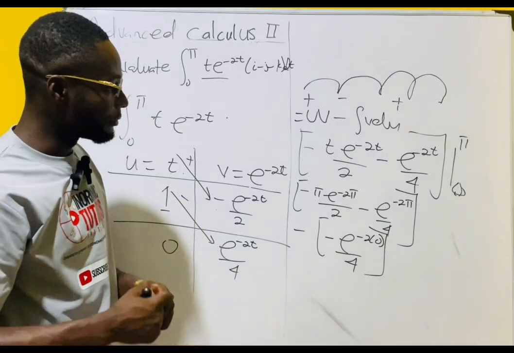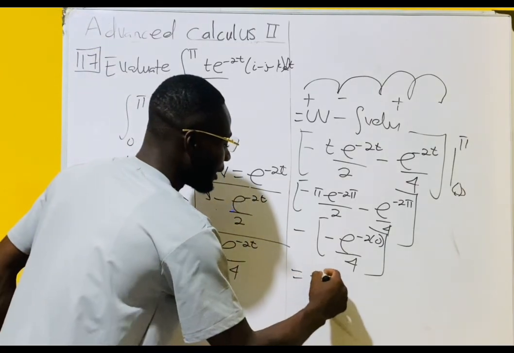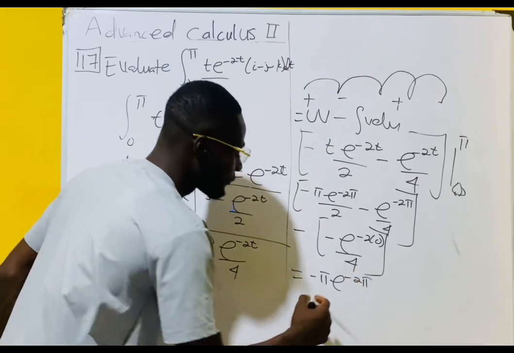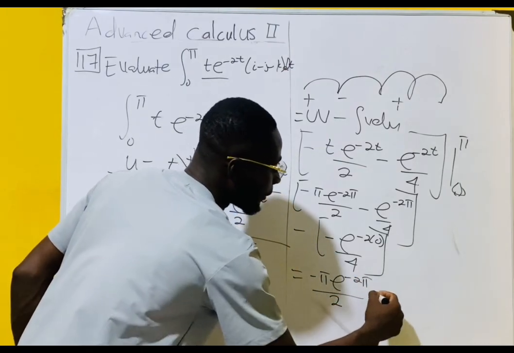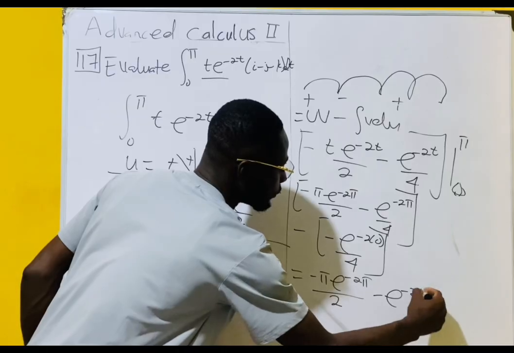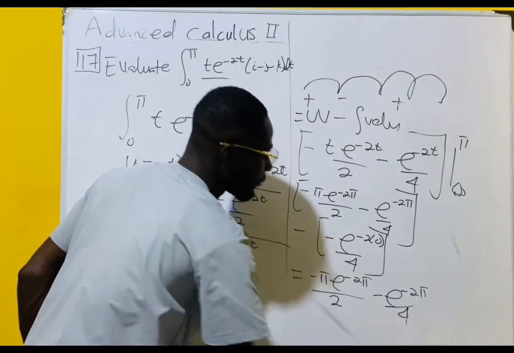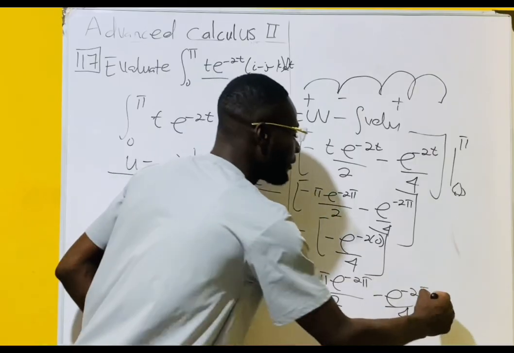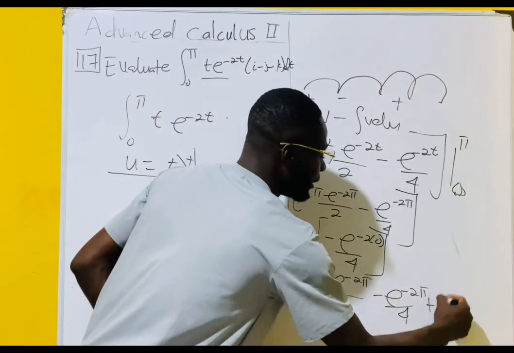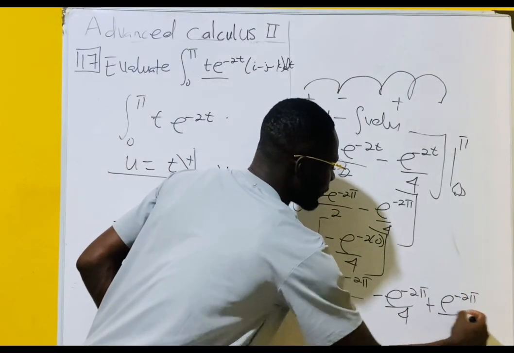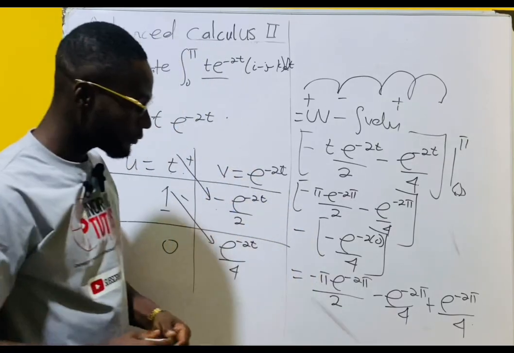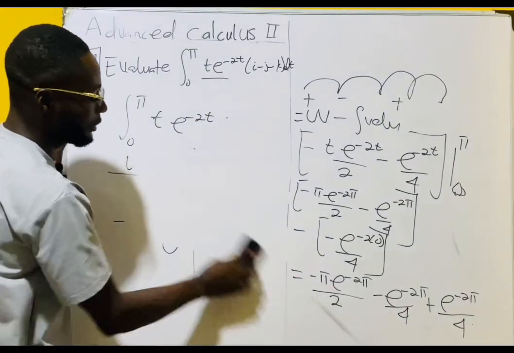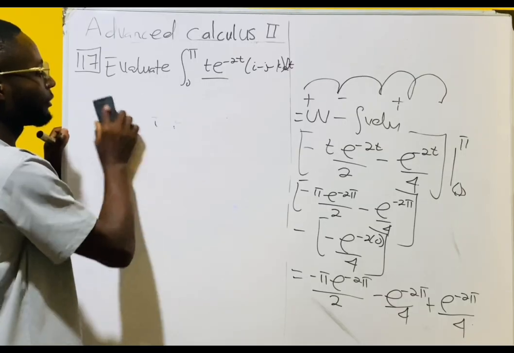So this is basically going to be minus pi e to the negative 2 pi over 2 minus e to the negative 2 pi over 4, right? And this is going to be positive. So we have plus e to the negative 2 pi over 4.